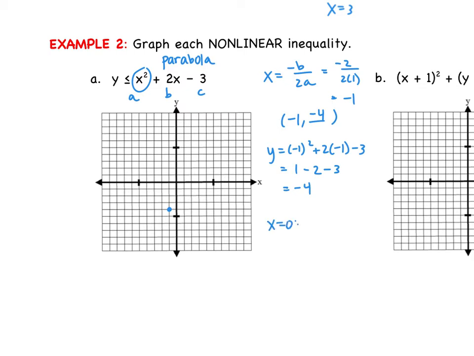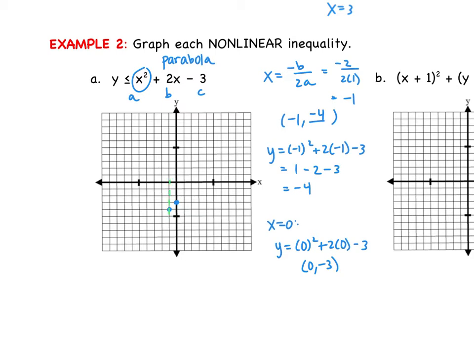X equals 0. That's going to give us 0 squared plus 2 times 0 minus 3. So that is the point 0, comma, negative 3. So this is right here. At this point, we don't even have to plug any more in. I don't know if you remember this, but a parabola is symmetric.